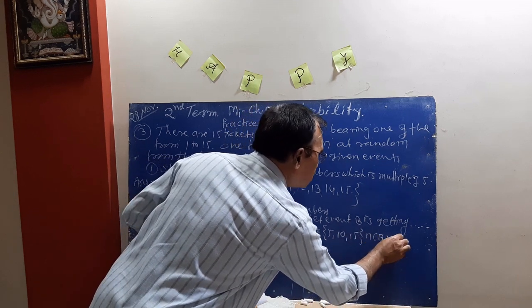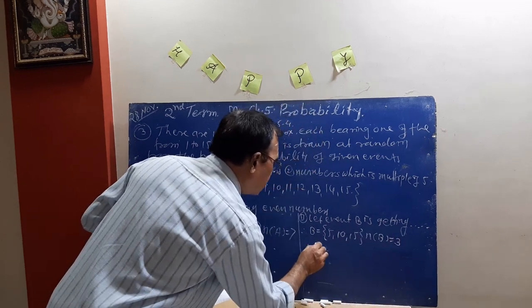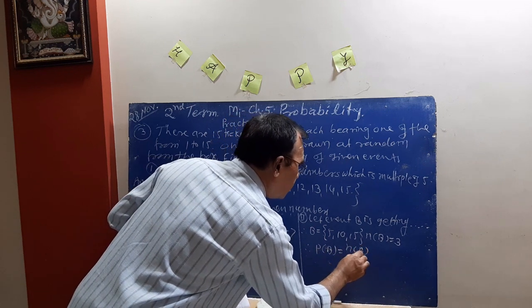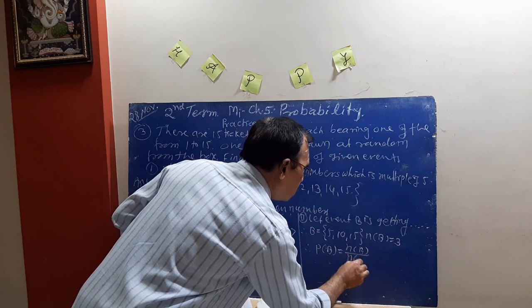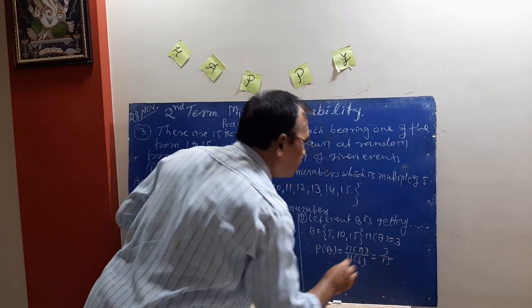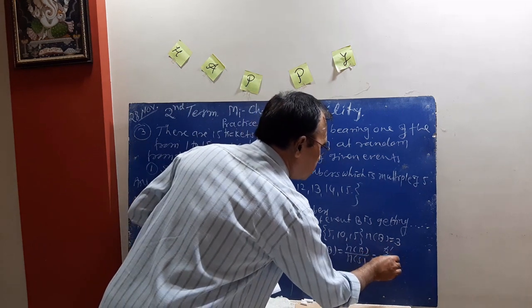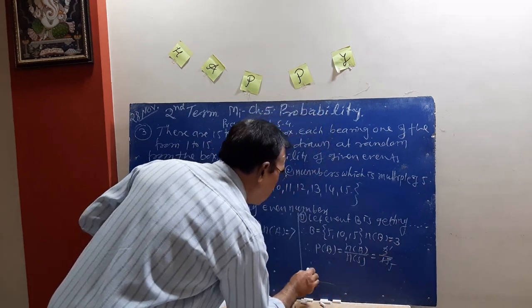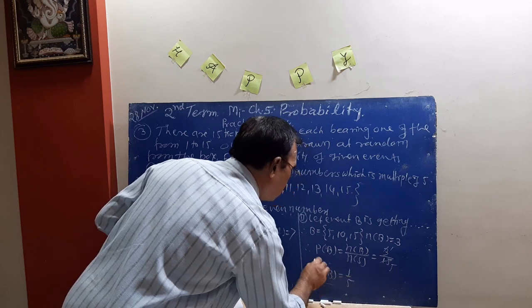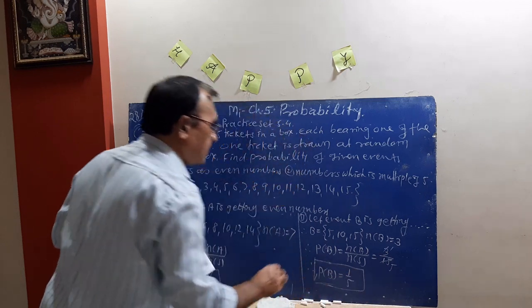That means N of B is equal to 3, and therefore P of B is equal to N of B divided by N of S, which is 3 upon 15. 3 ones are 3, 3 fives are 15, and therefore P of B is equal to 1 upon 5.